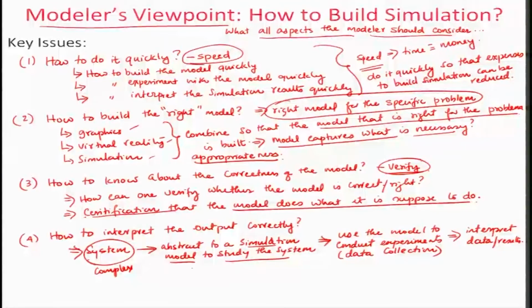So, this is less complex, with only the necessary features. Only whatever is necessary to be studied is abstracted to a model. Using the model you conduct experiments. Experiments are where the model gives the output, or the expected behavior of the system.